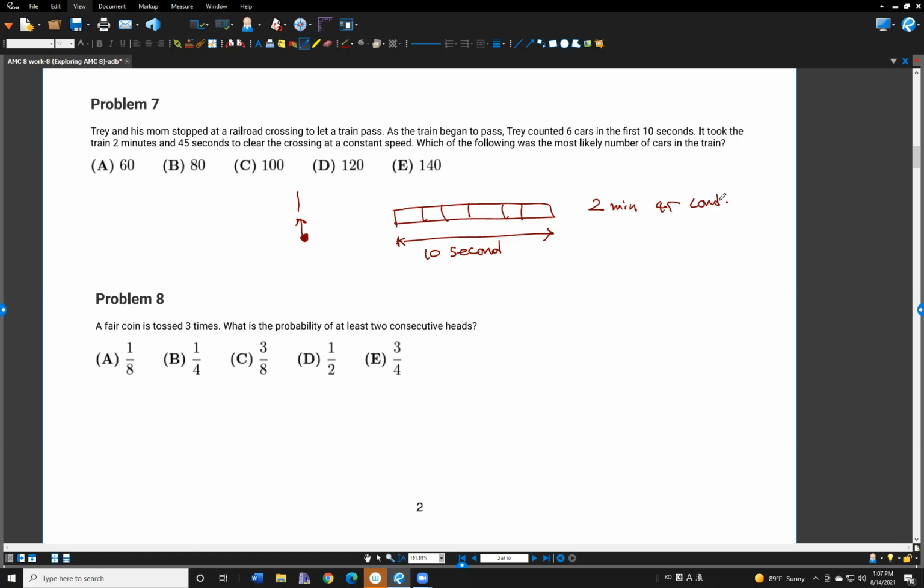That means what? It is proportional, right? With the same rate. Which was the most likely number of cars in the train?